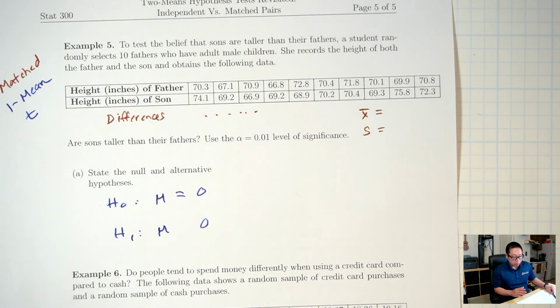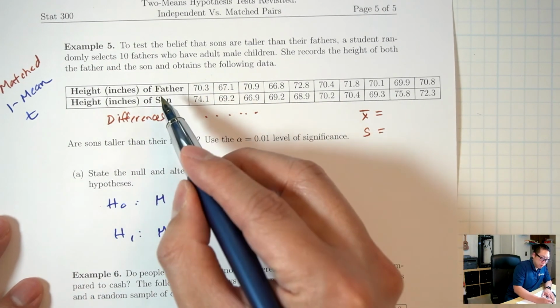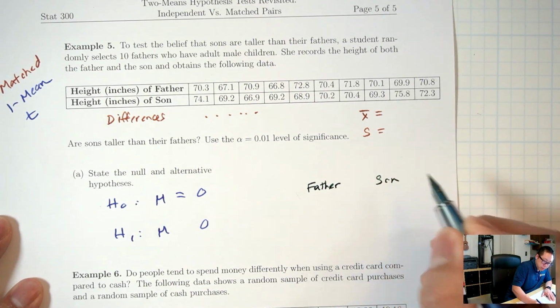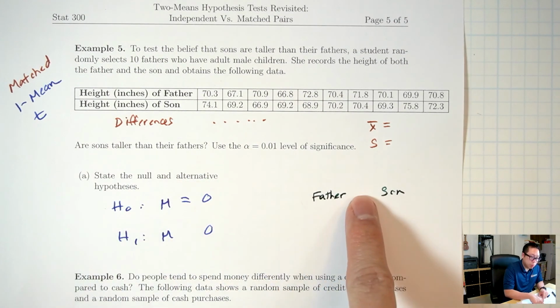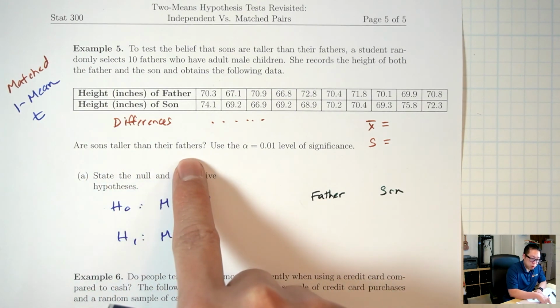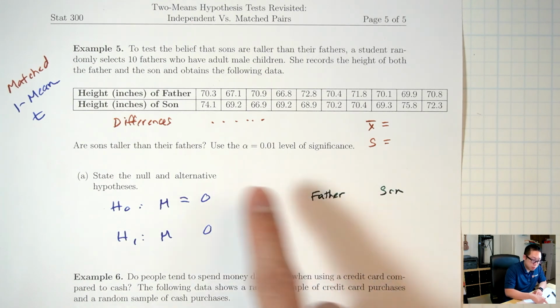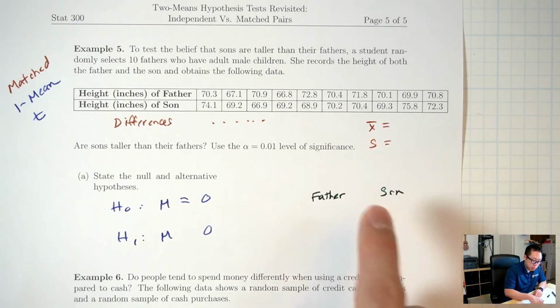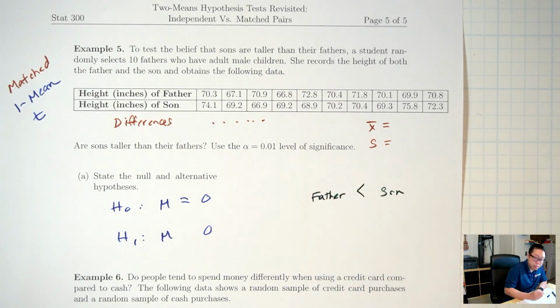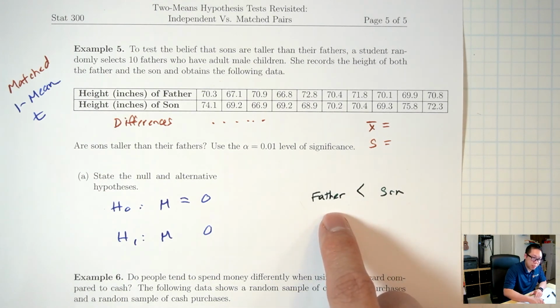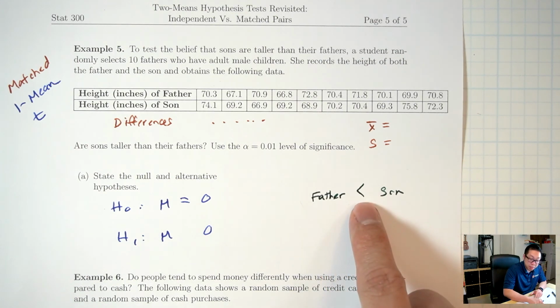The correct way to reason about this is to write down the father and son. So write down father and son. And write down what symbol should go in the middle based on the question. Sons taller than their fathers. So what symbol would go in here if the son is taller? Sons being taller than their father would be that symbol. Okay? Sons taller than father, or sons being taller than their father, is the same thing as saying that the father is shorter than the son, which is a less than.